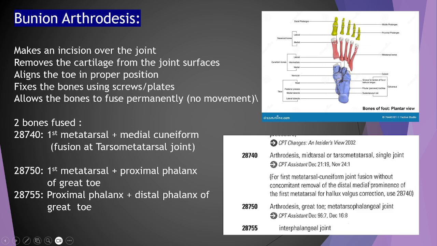The second, 28750, arthrodesis, great toe metatarsophalangeal joint. Here the first metatarsal and the phalanx joint are fused together. In 28755, the proximal phalanx and the distal phalanx are fused together.